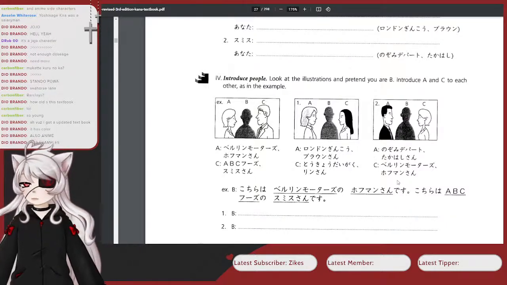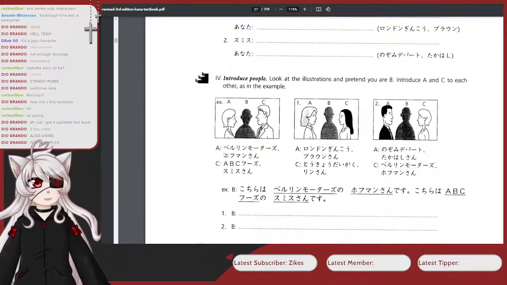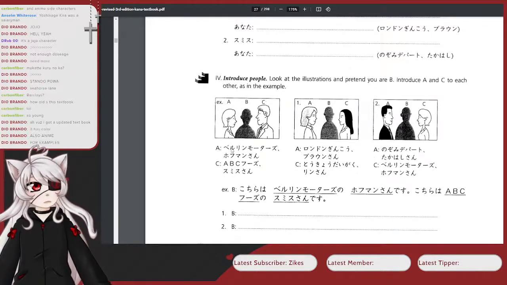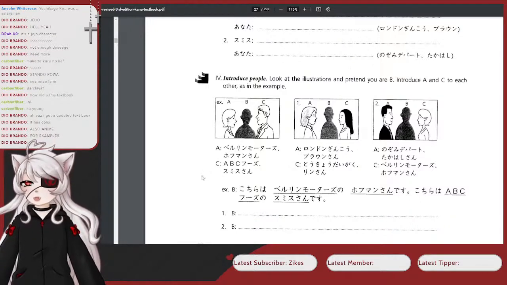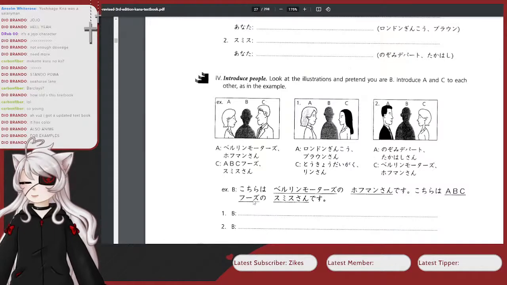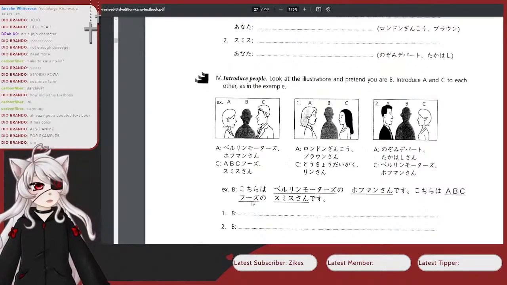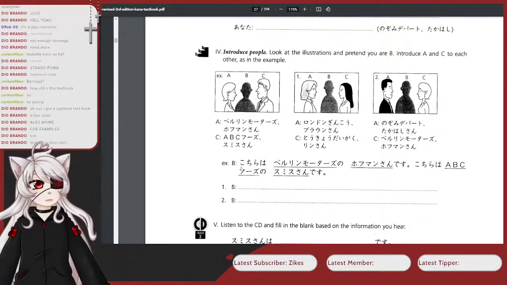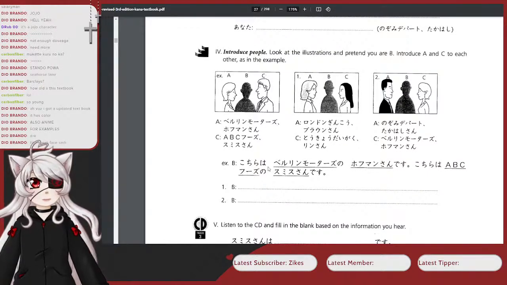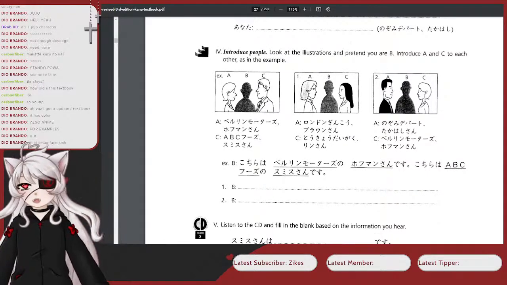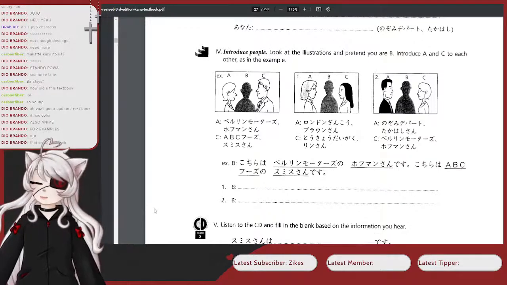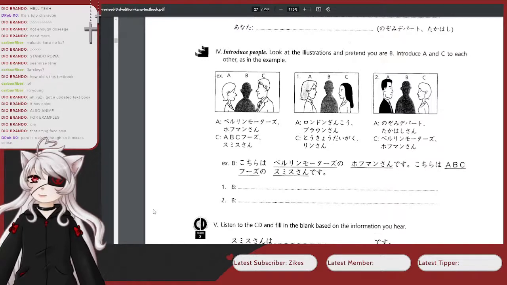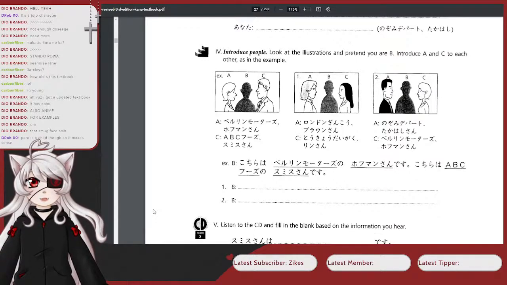Anyway, so we have introducing different people. Yes, Para? What's the problem? So we've got Kochira wa, that's smug face. Listen, I have to make up for the fact that I couldn't pull a smug face with my 3D model earlier. As a child though, so it makes sense.